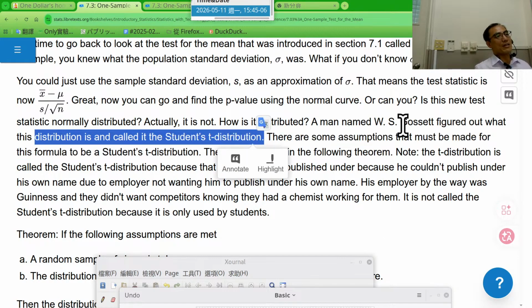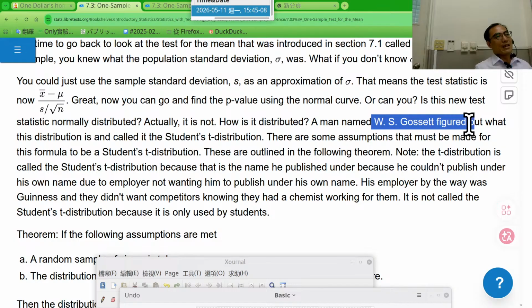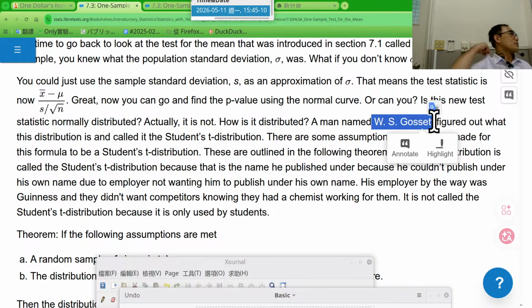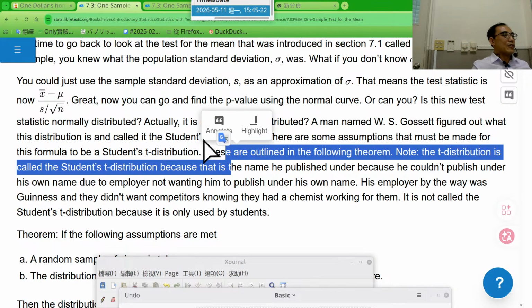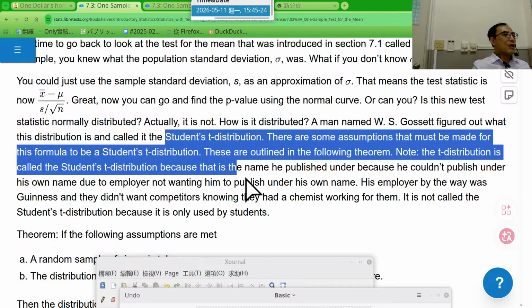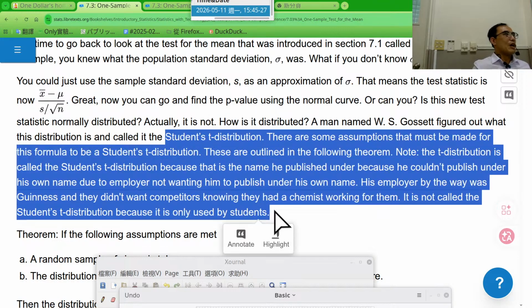It's very famous. I think this scientist was born in the UK, but he got a job at a brewery, a beer company, and he created the t distribution, a big contribution in the statistical field.